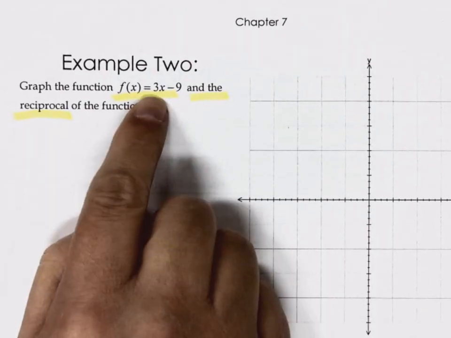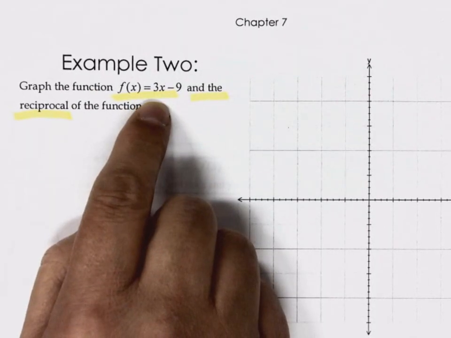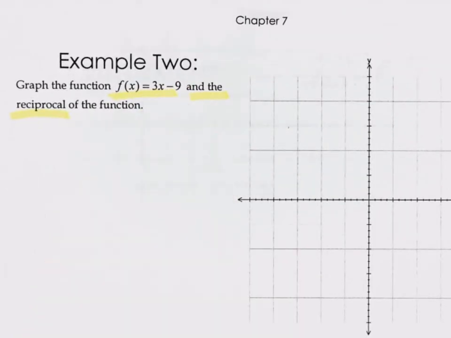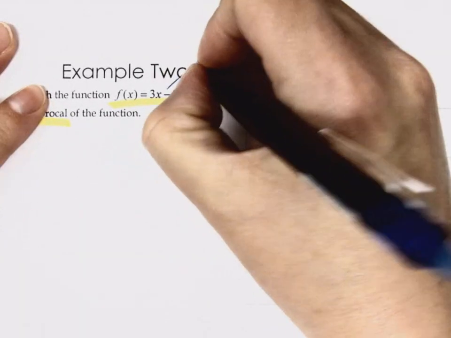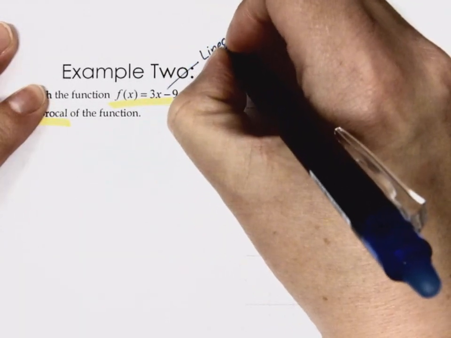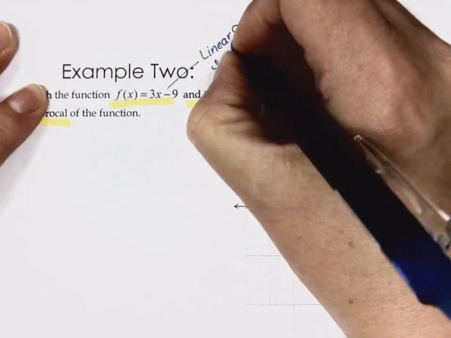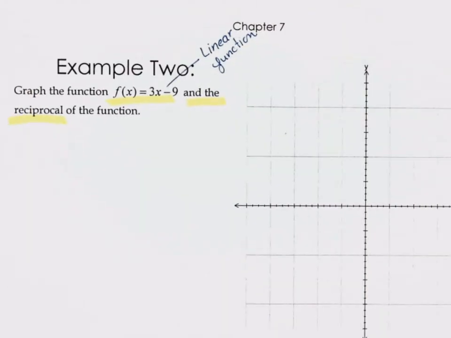Let's do a table of, what kind of graph am I going to result in here? What am I going to get when I graph that? Straight line. Easy peasy, right? Grade 10. So we have a linear function. Okay.